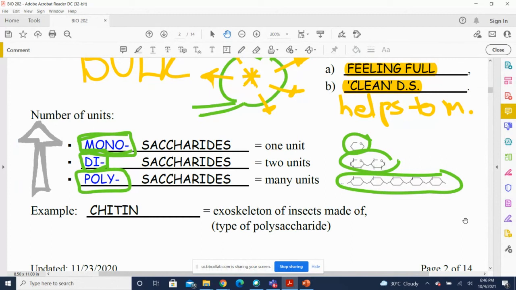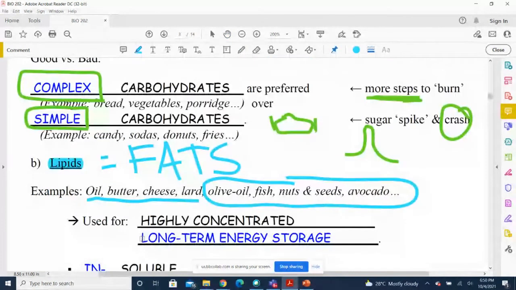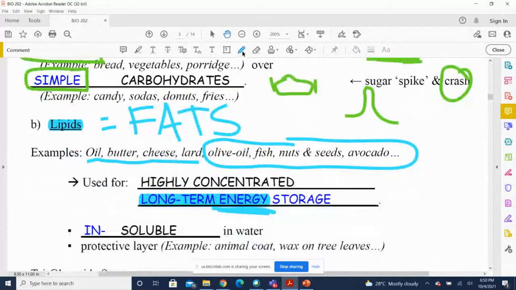If you are asked to describe what lipids are used for, really the biggest thing is that we're using them for storing energy, and especially for long-term storage of energy. Lipids, fats in general, are not soluble in water, so they are insoluble.